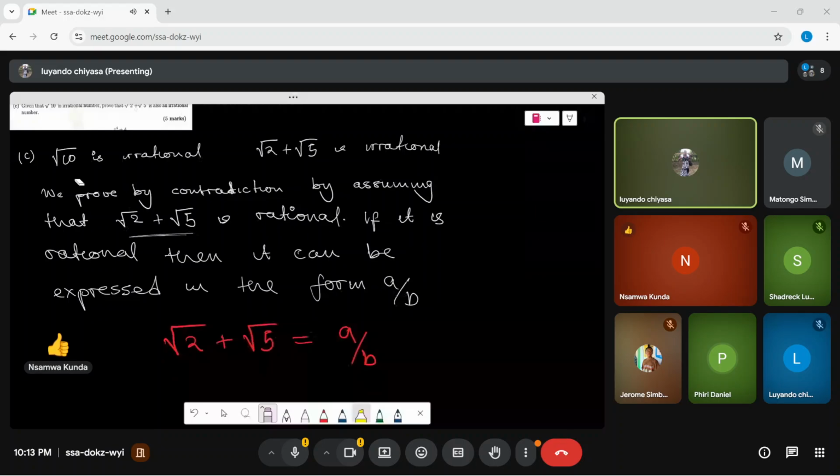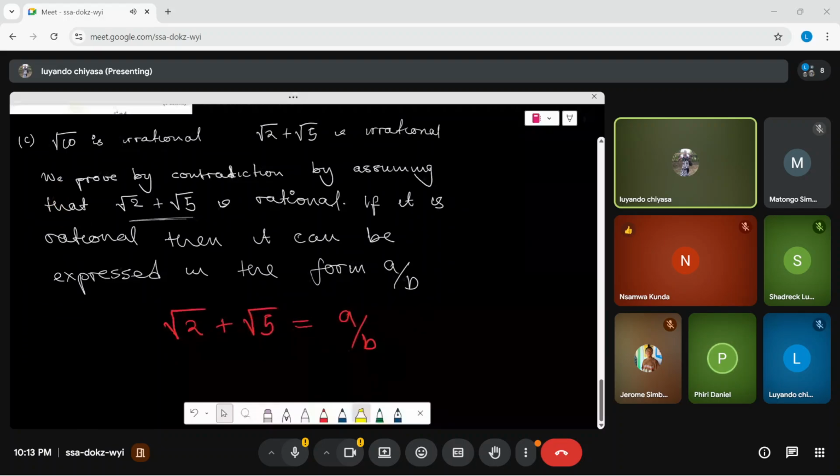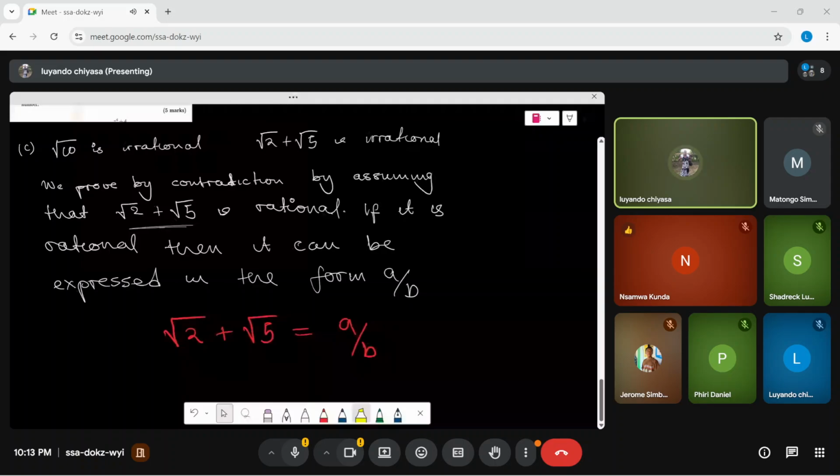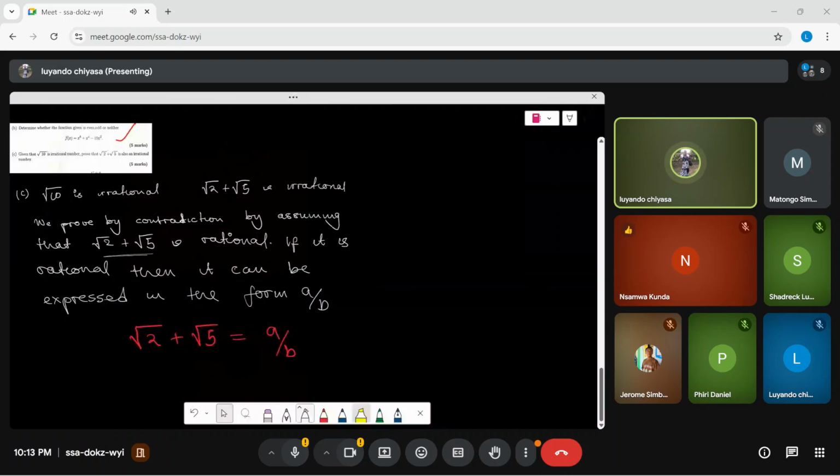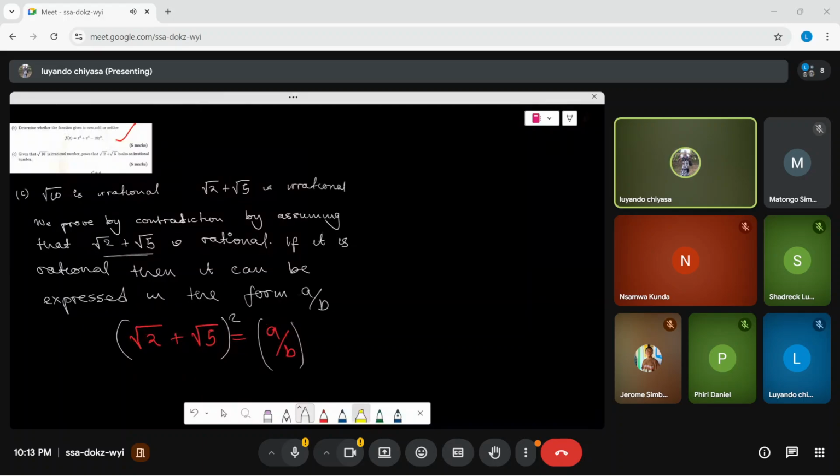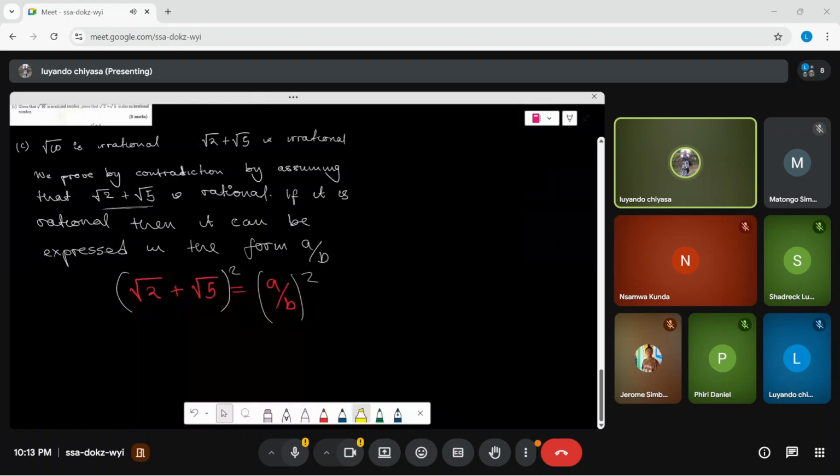Yes, you understand. So how do we get our root 10 since we have this? Well, we can only get our root 10 if we were to square both sides of this statement.